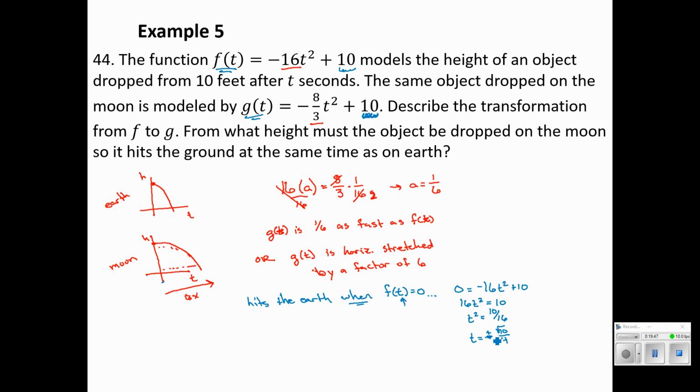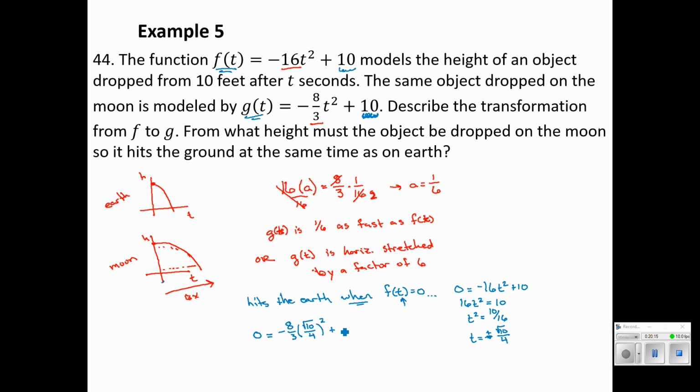So we want to know g of t. Well, that height is going to be 0 when it hits the moon. That equals negative 8/3 times root 10 over 4, the time it took to hit Earth, squared, plus what value? And we'll just call this one h, the starting height.